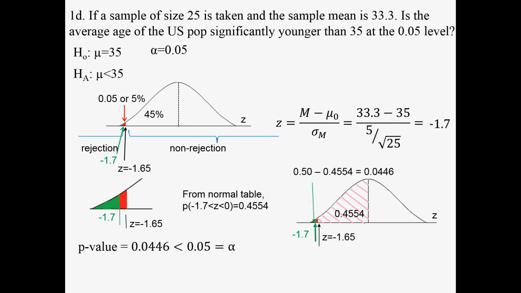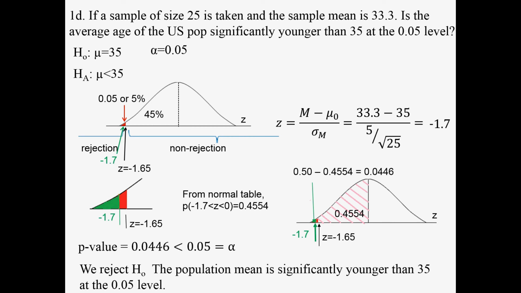So not extremely rare, because it's just barely lower than the alpha that we set as the standard of a rare event for the given null hypothesis. So for this question, we conclude that we reject the null hypothesis. The population mean is significantly younger than 35 at the 5% level.